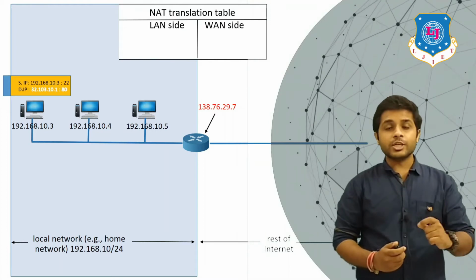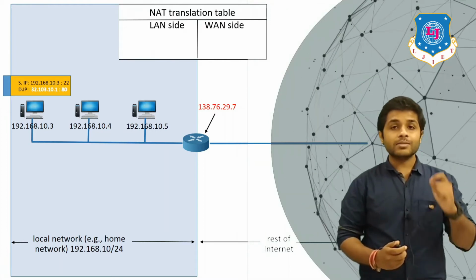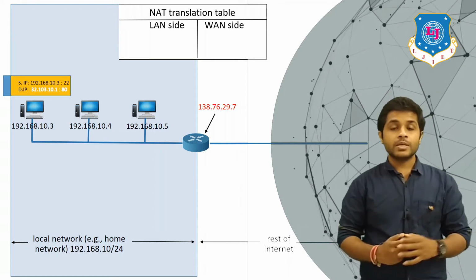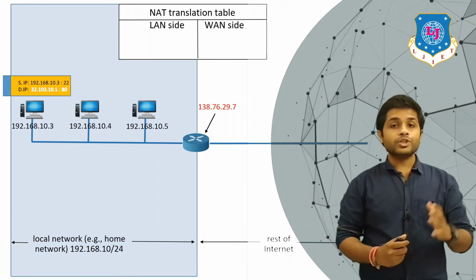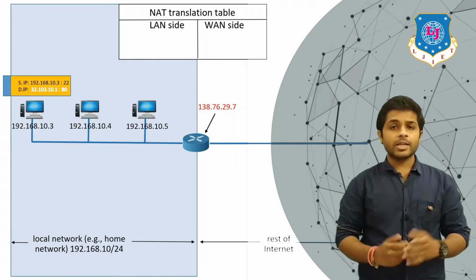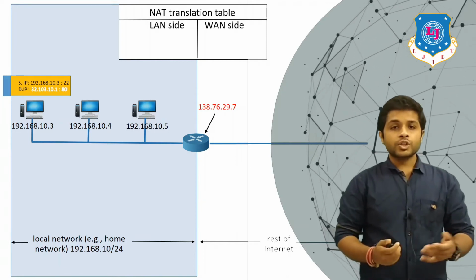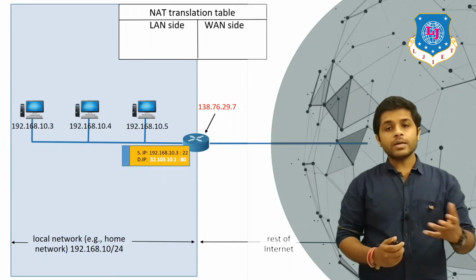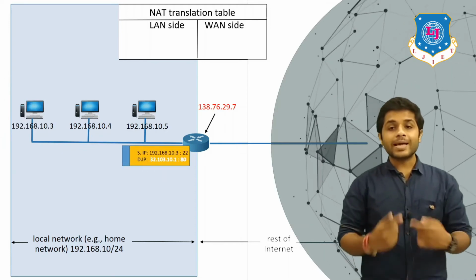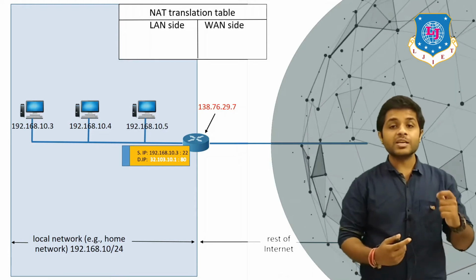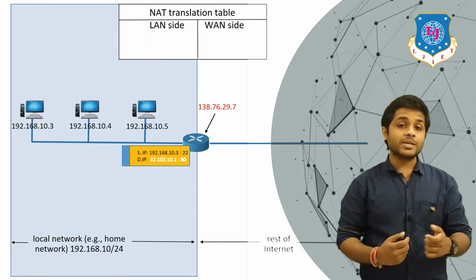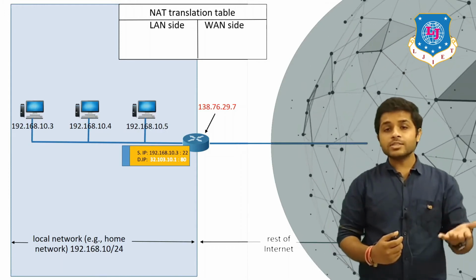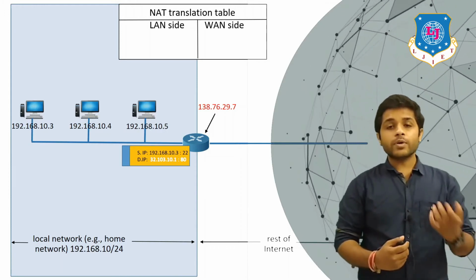In the initial stage, the router's network address translation table is empty. You can see that there are two fields, LAN side and WAN side, and both are empty. When the router receives this message, it will analyze it and make a change in it. Why can the router not forward this message as is?